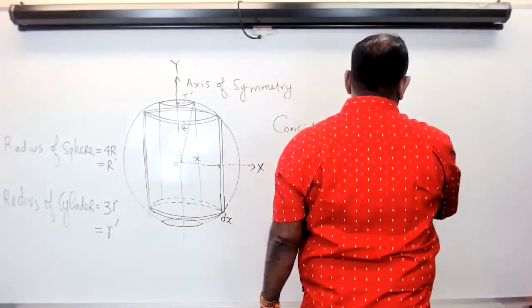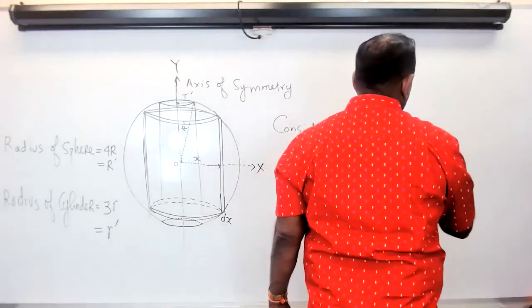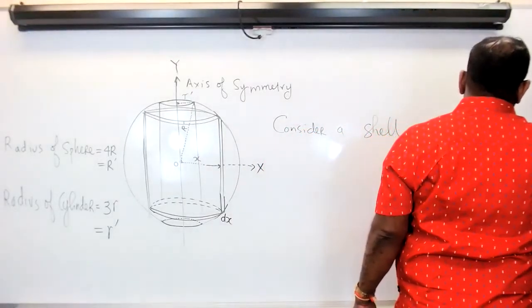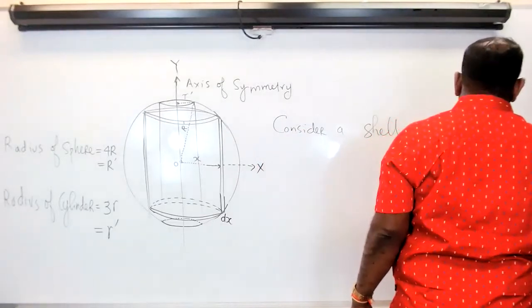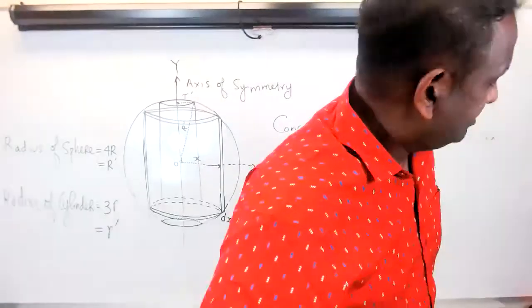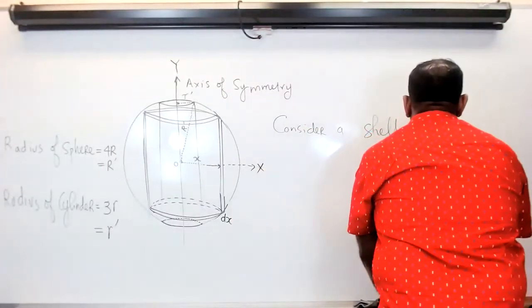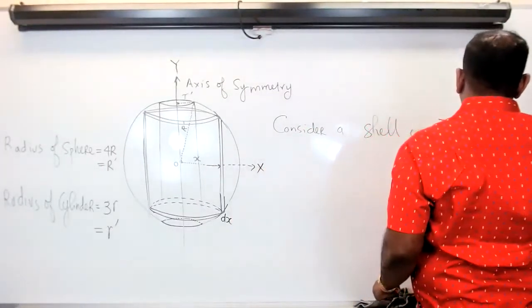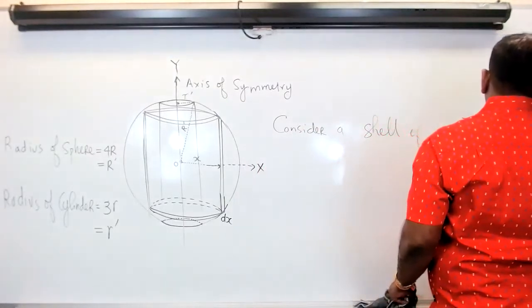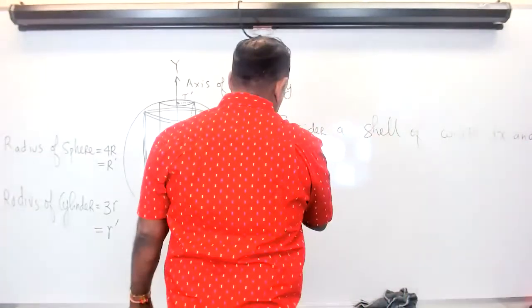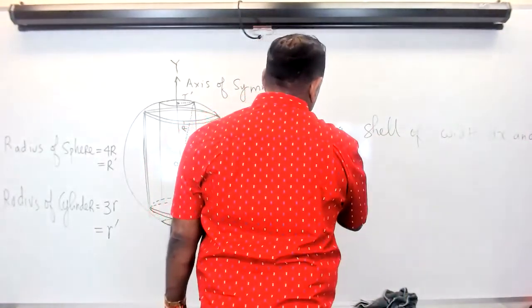Consider a shell of width dx and height. Let's see what would be the height.